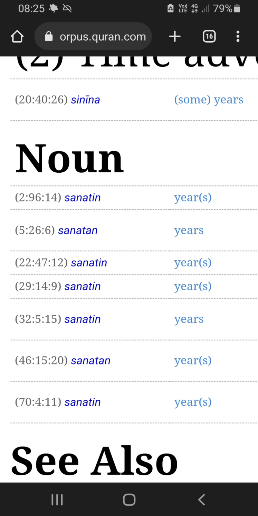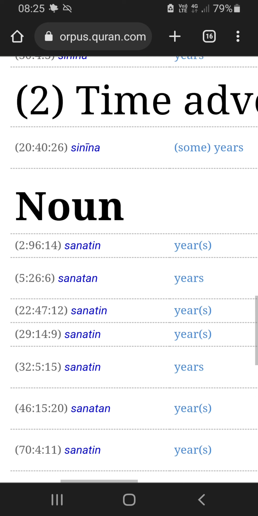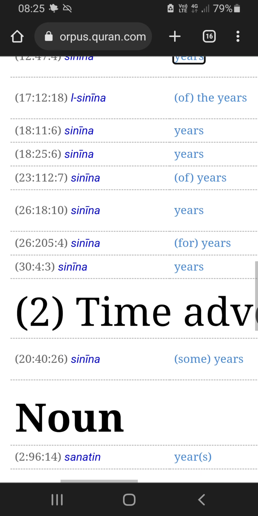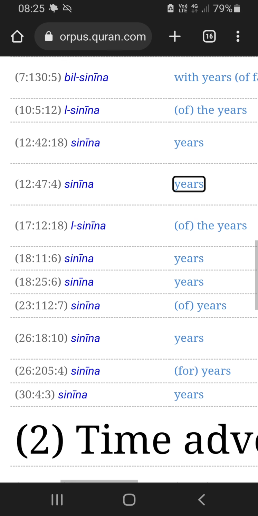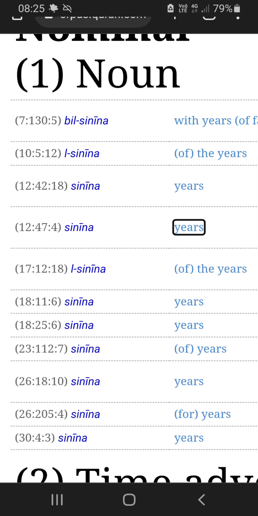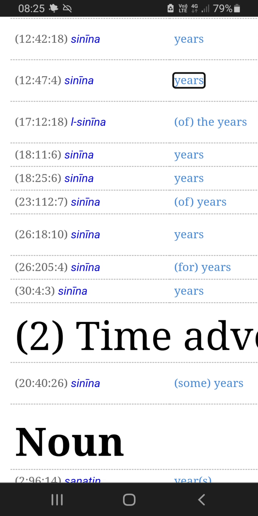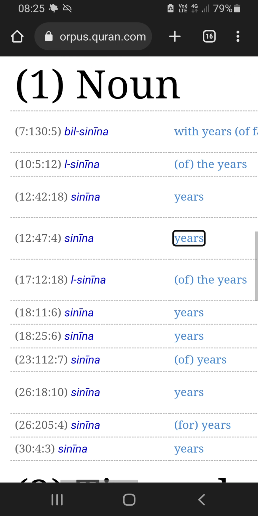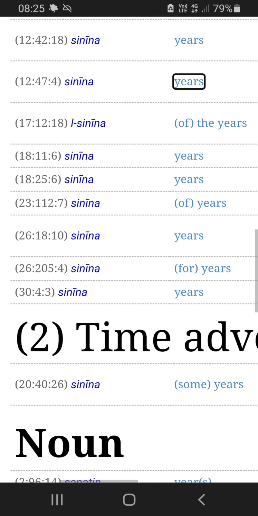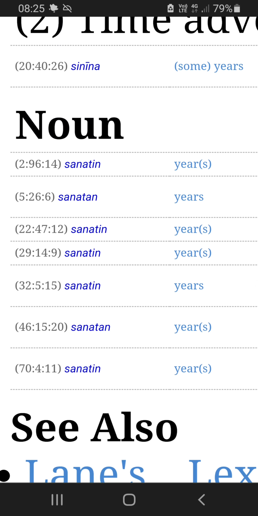So 7 occurrences of the word year, and then over here you've got sinina 12 times. So you've got 11 here, but then you've got this 12th one here. So you've got 12 times sinina is mentioned, which is years plural, and you've got 7 times sanatin or sanatan, which is singular.